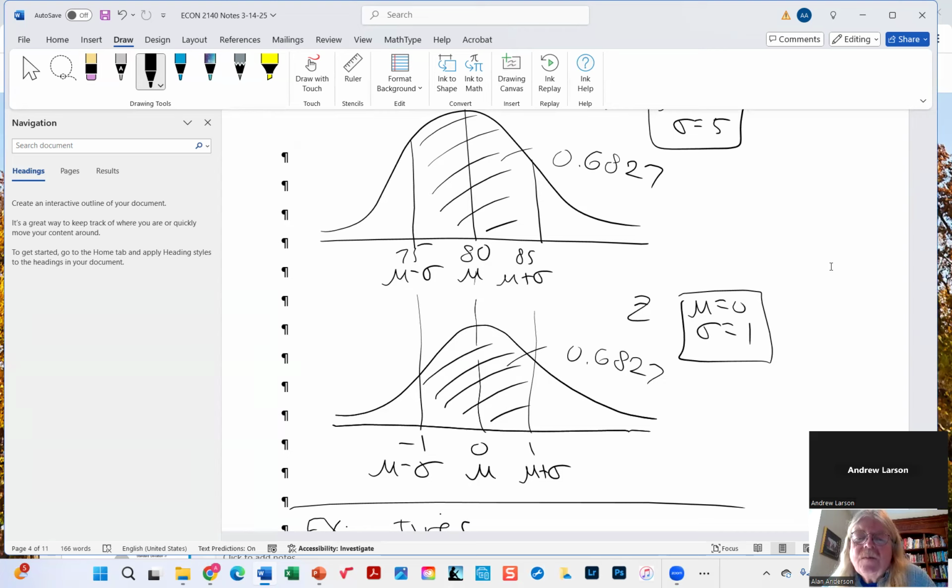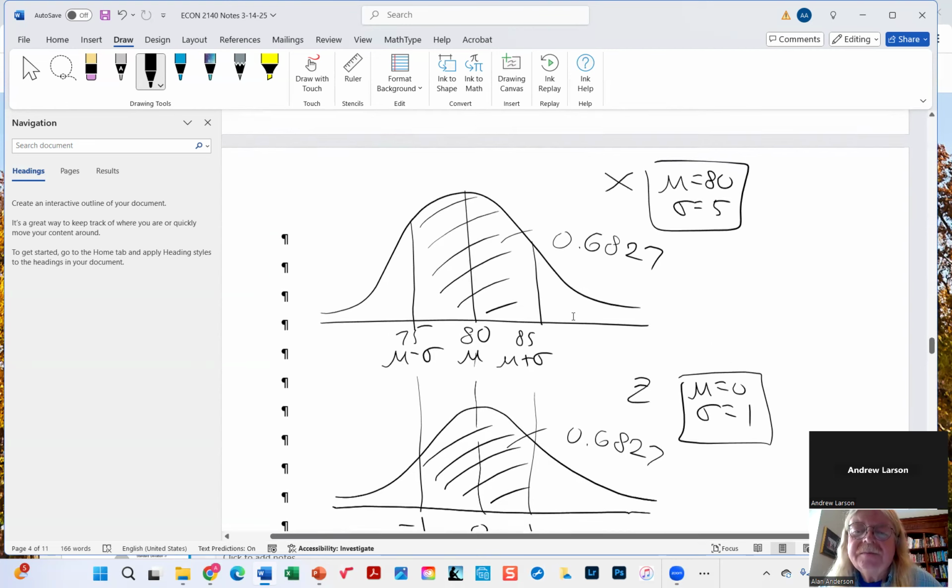So in a way, what we're doing here is really no different than converting Fahrenheit into Celsius or vice versa. You're scaling the scores from the test into what are called standard units. Okay, so they both mean the same thing.